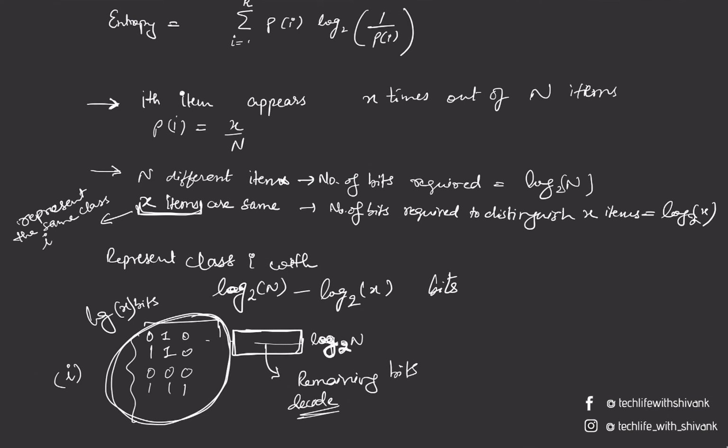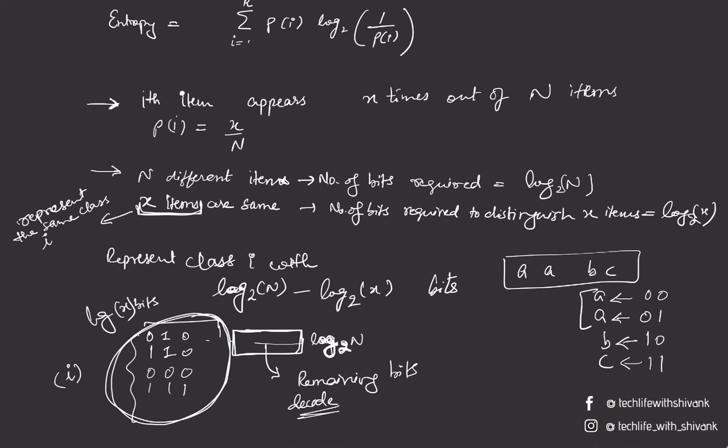So for a small example, let's say we have 3 items, A, B and C. Ideally, if there were 4 different items, we could assign each of the 4 bit patterns to item 1, item 2, item 3, item 4. But since we have only 3 different items, we can assign item A to two of these patterns, item B to one, and item C to one. So instead of using 2 bits for item A, use just 1 bit.